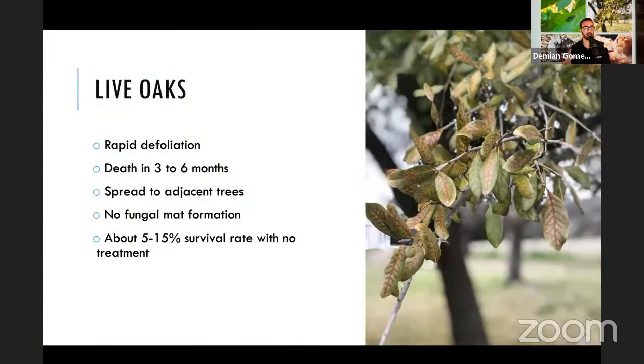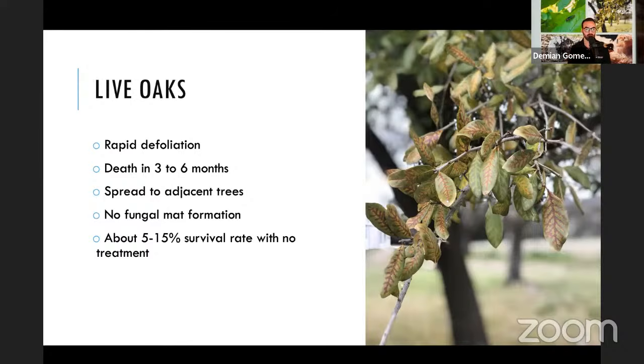Live oaks, on the other hand, produce a rapid defoliation, and they tend to die between 3 and 6 months. And this is basically the group of trees where the spread into adjacent trees through the root system is very relevant for the spread of the disease, right? In this case, this very large interconnected root system plays a very significant role. However, they do not produce any fungal mats, right?